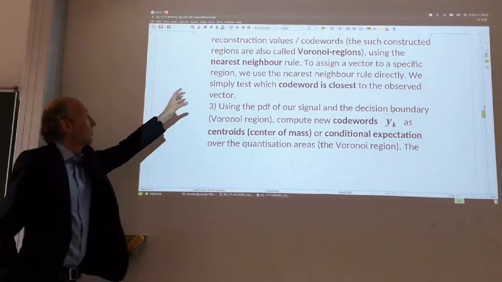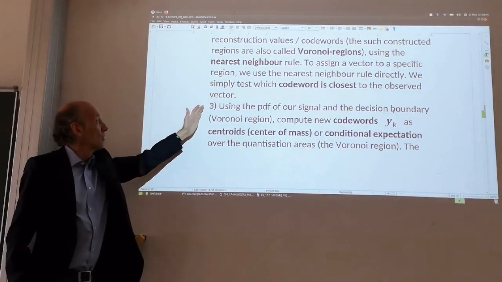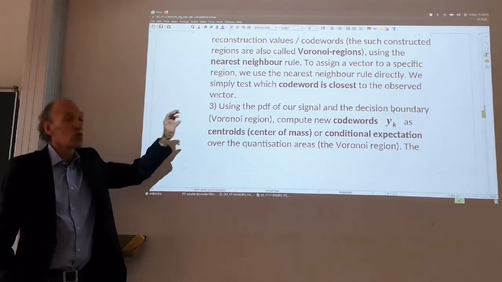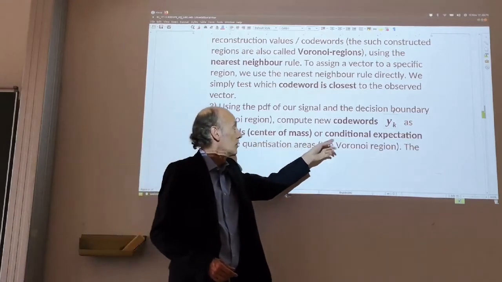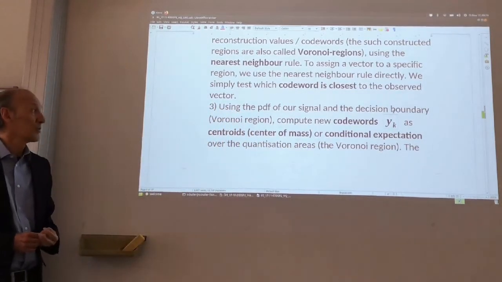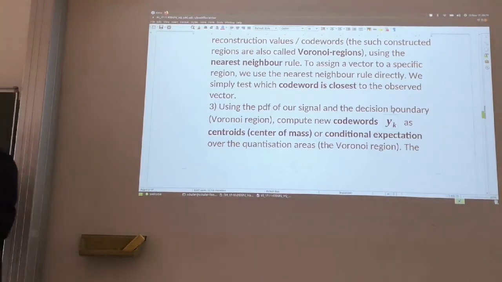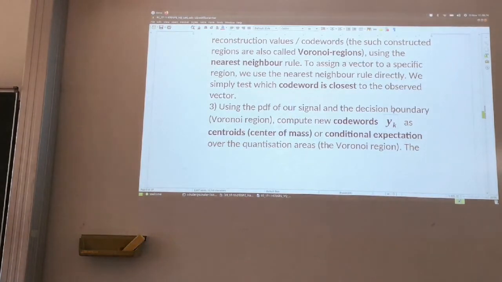Once we have those Voronoi regions, we can recompute the code words as the new centroids, or center of mass, using the conditional expectation over the quantization errors or the Voronoi region. So in the first step we have our random assignment, then we create our borders, and once we have our borders we can compute the new centroids given the signal.